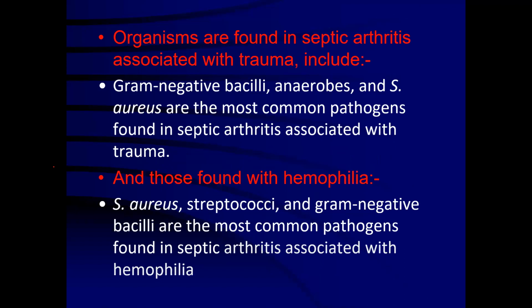Organisms found in septic arthritis associated with trauma include gram-negative bacilli, anaerobes, and Staph aureus, which are the most common pathogens. Those found with hemophilia are Staph aureus, strep, and gram-negative bacilli.